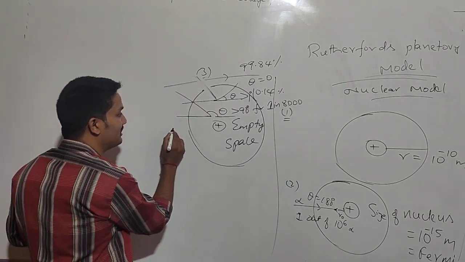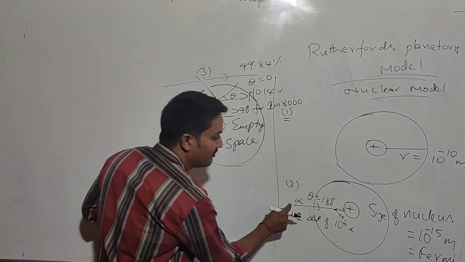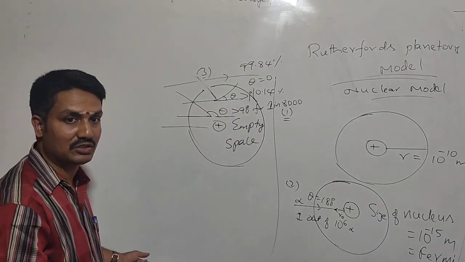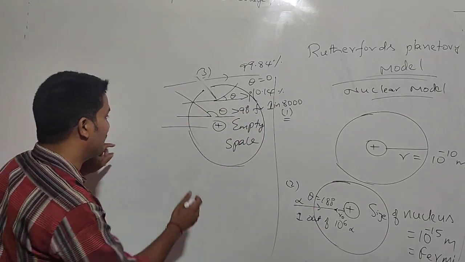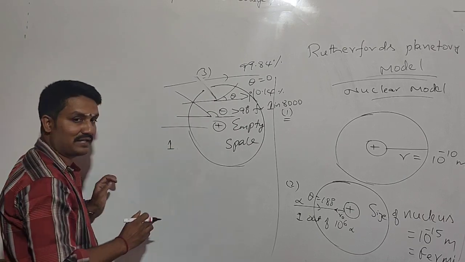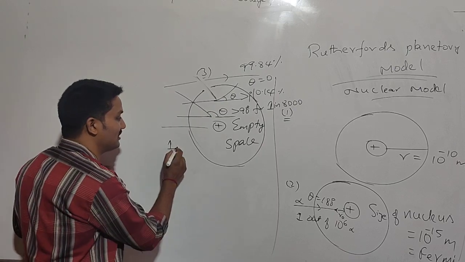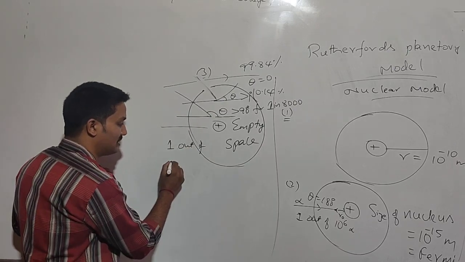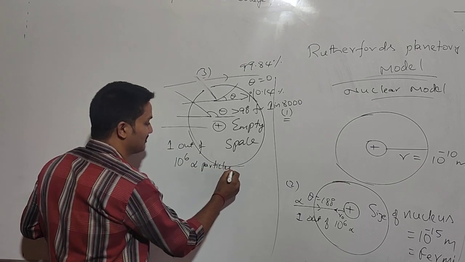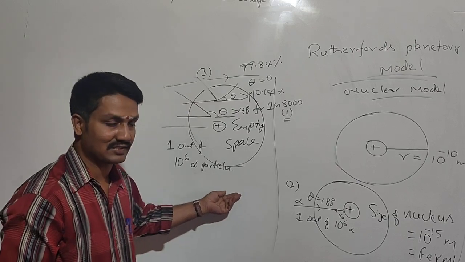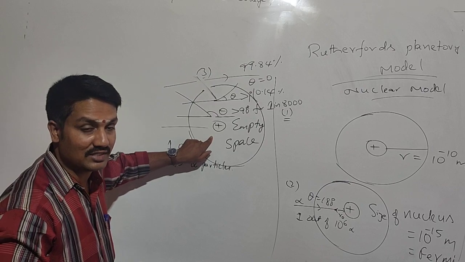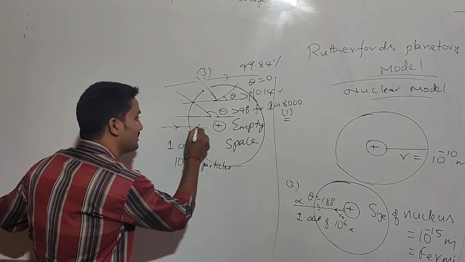Now the final one: at the closest approach, in the head-on collision, only one alpha particle gets a head-on collision out of 10 power 6 scattered alpha particles, and retraces back.